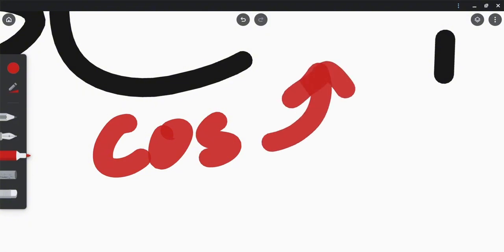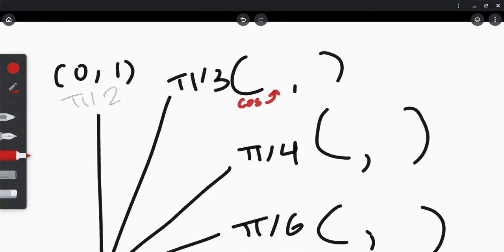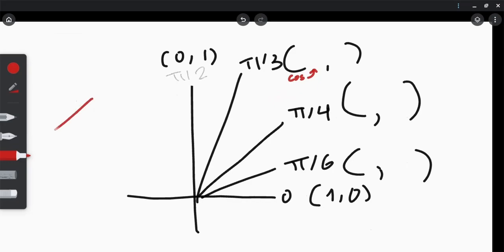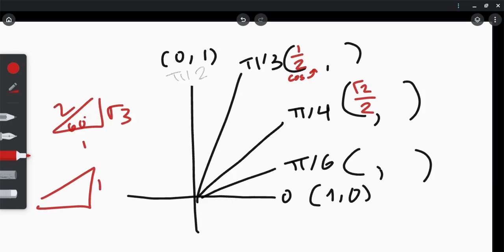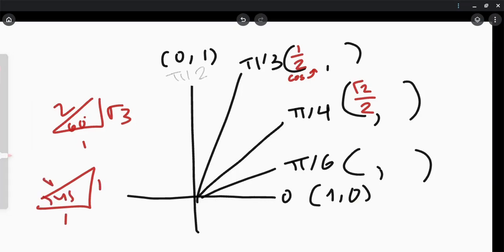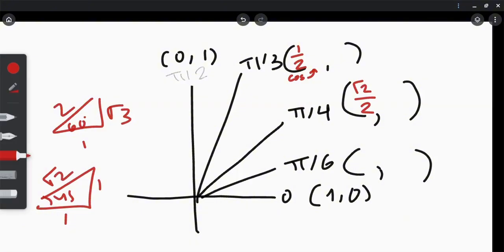So ask yourself, what's cosine at pi over 3? If you recall, this has square root of 3, 1, and 2. Cosine is 1 over 2. So I start with 1 over 2. The cosine of pi over 4 is really super simple. You just have to remember it's the square root of 2 over 2. Why, you will say? Okay, so visually, you have a 45, right? And the square root of 2.